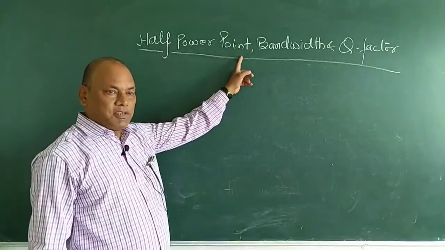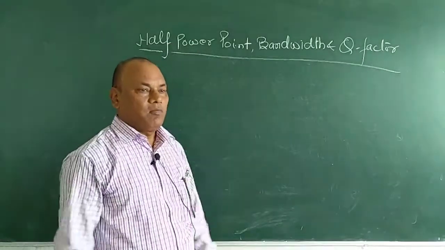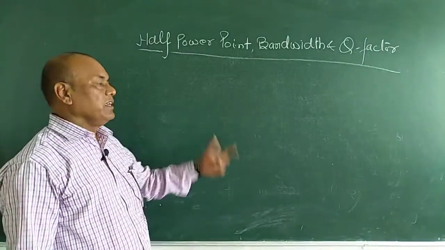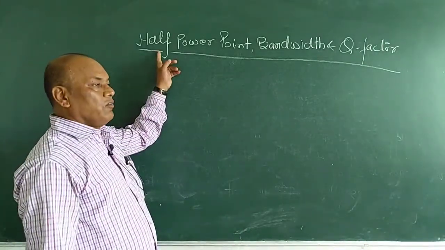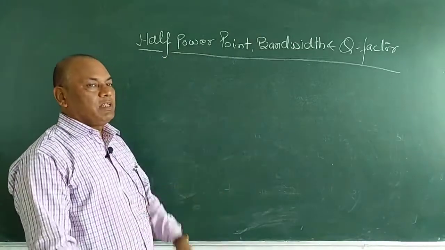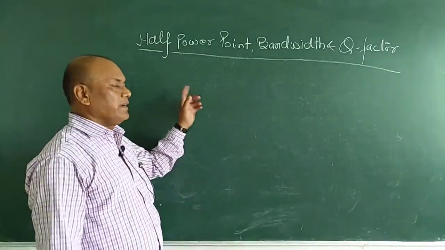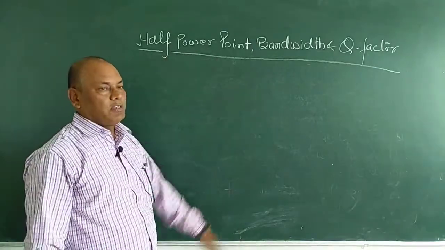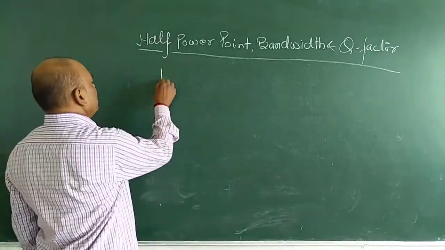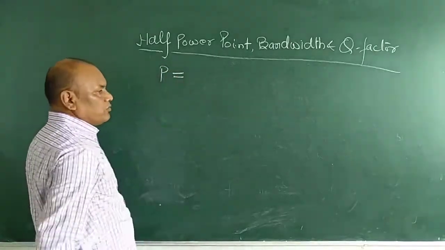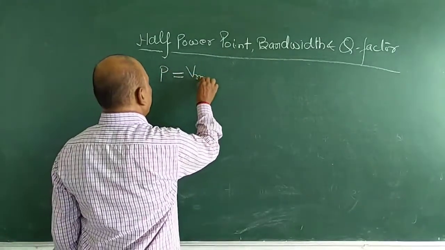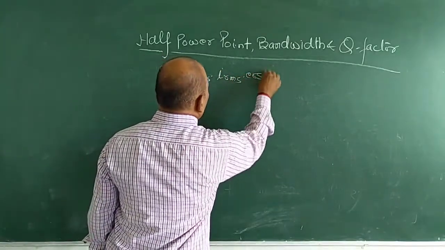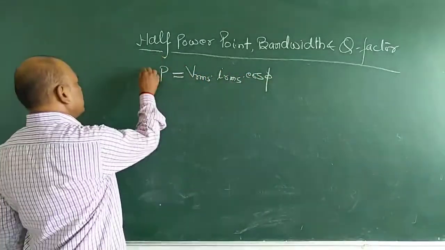Half power point: if we draw the graph between power and frequency, then we have to find out what will be the maximum value at the midpoint. So it is called half power point. Suppose that we know P is equal to Vrms into Irms into cos phi.